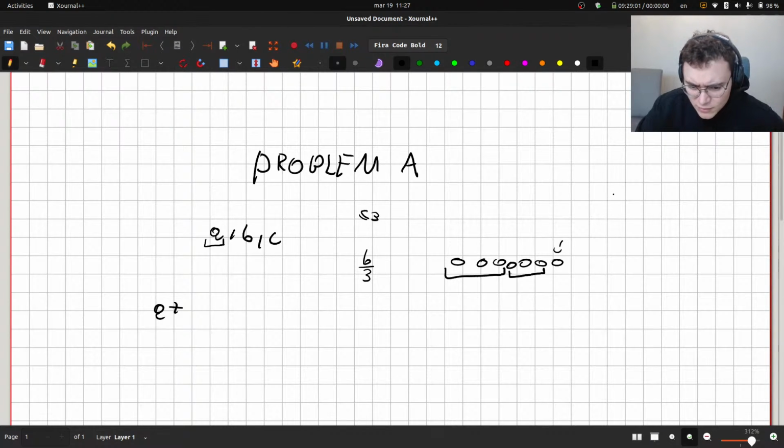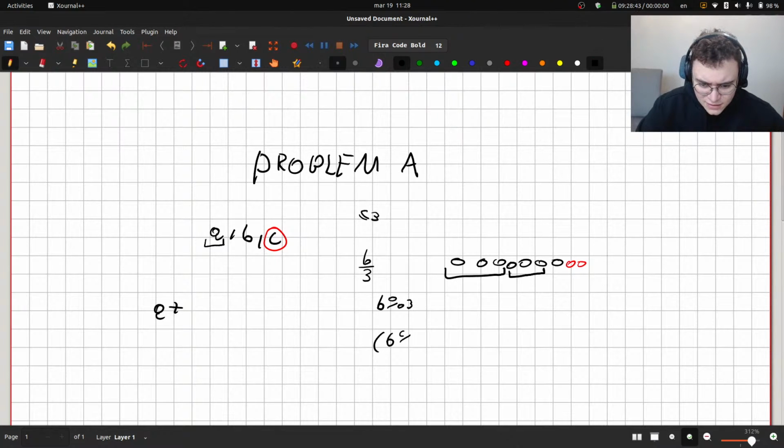So there will always be B modulo 3 people left, and those B modulo 3 people we need to match up with the C people of type 3. So basically the answer is no if B modulo 3 plus C is smaller than 3. Oh, and also if B is divisible by 3, then B modulo 3 is equal to 3, not to 0.